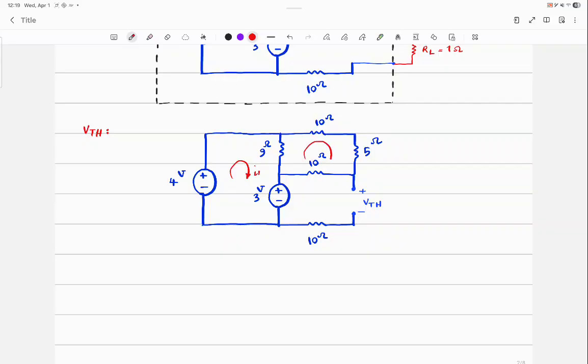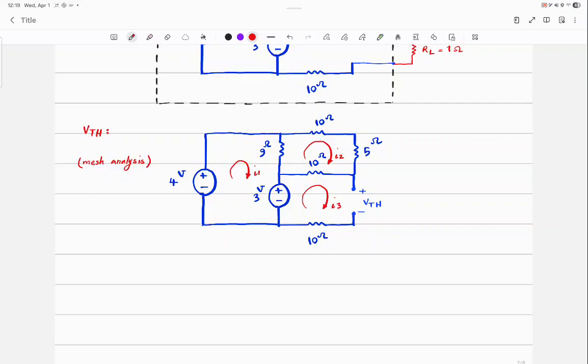I1, I2, I3. How many unknowns do I have? 3? 3 or 2?